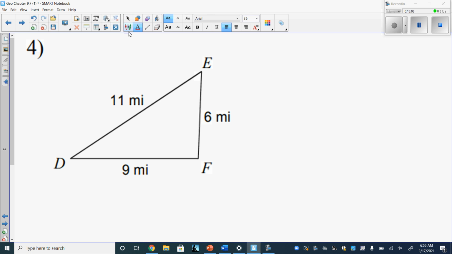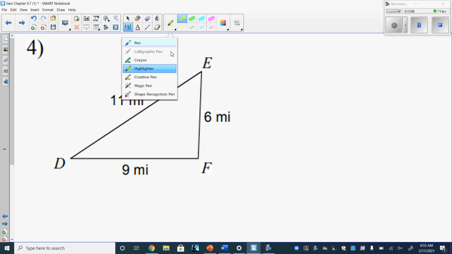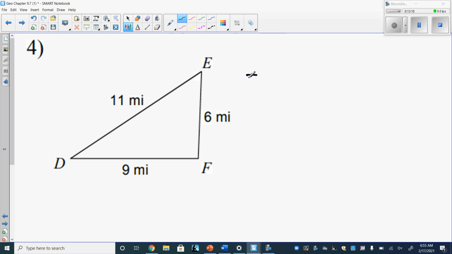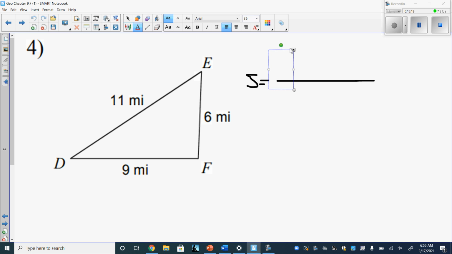All right, let's look at the last one. So again, the first real thing we need is S, because once we get this S value, we can plug into our formula and solve. So S is going to be the three side lengths added together and divided by 2.